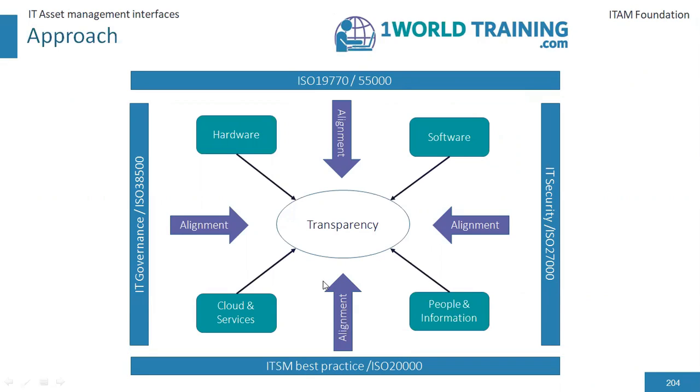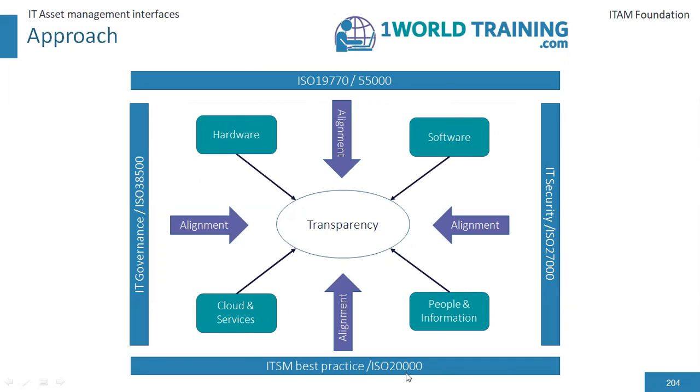So what are all the components here? We have components like hardware, software, people and information, and then cloud services, right? What it actually says is, when we're talking about ISO 19770 and 55,000, then hardware and software are covered here. When we talk about ISO 27000, it talks about software and people, information. We are going to cover these two aspects.